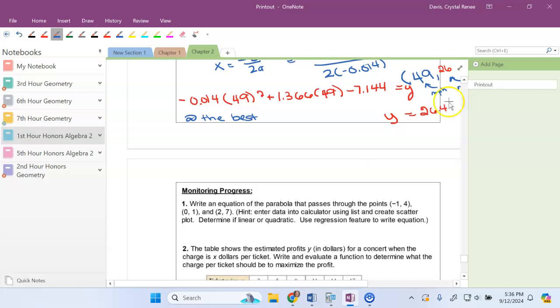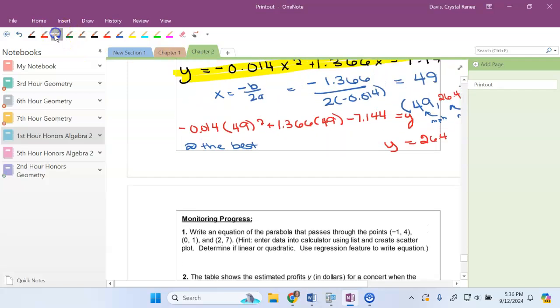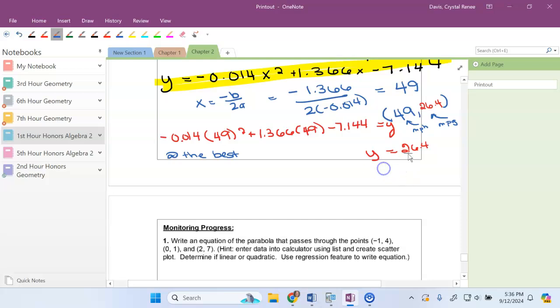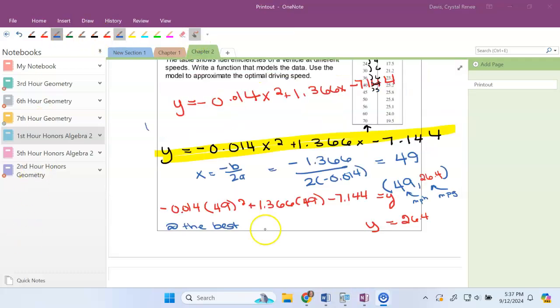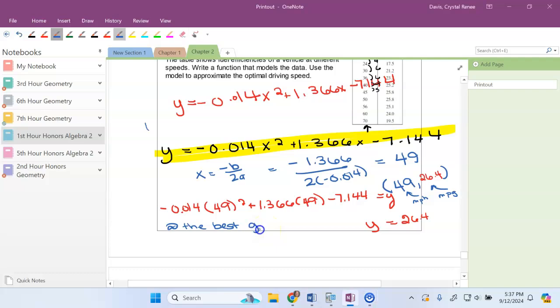At the best gas mileage, I get 26.4 miles per gallon when I travel 49 miles per hour.